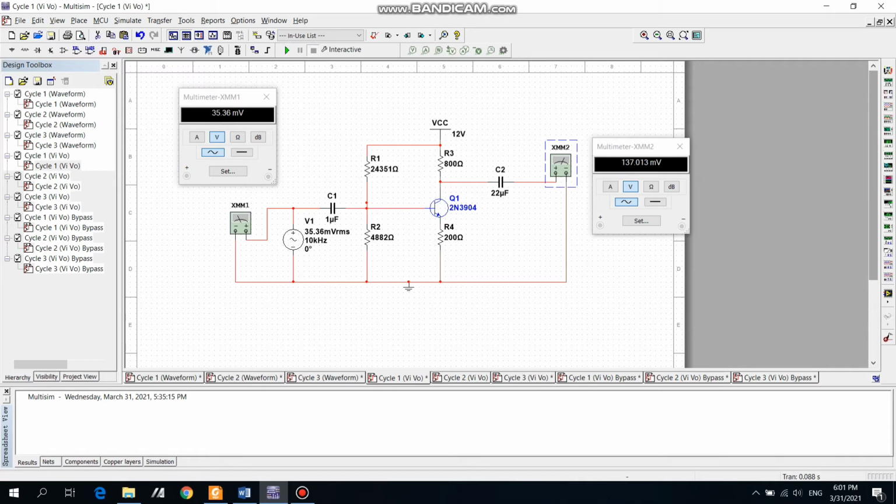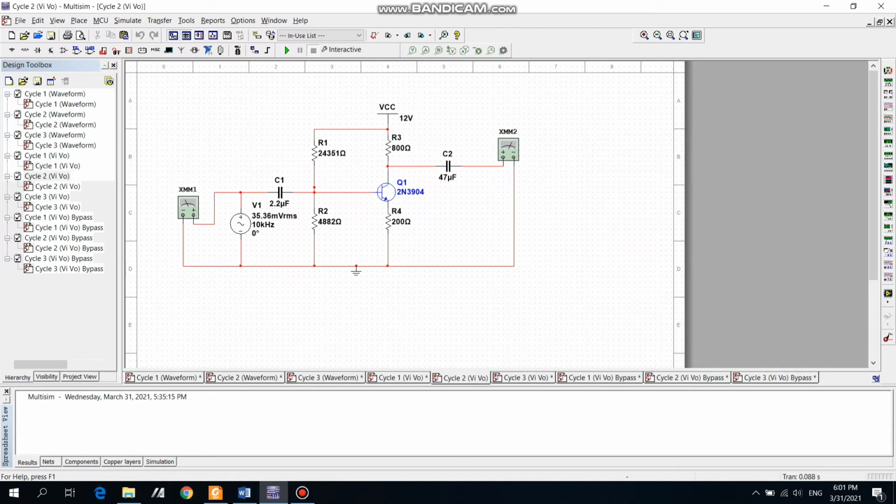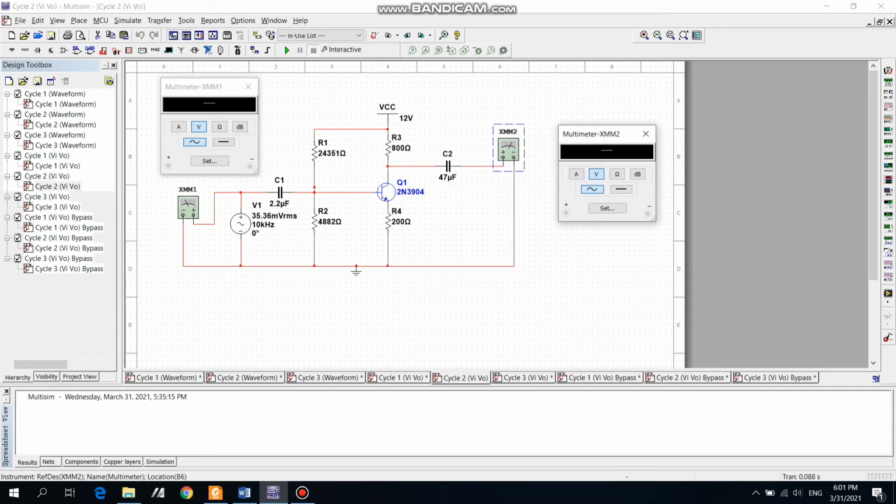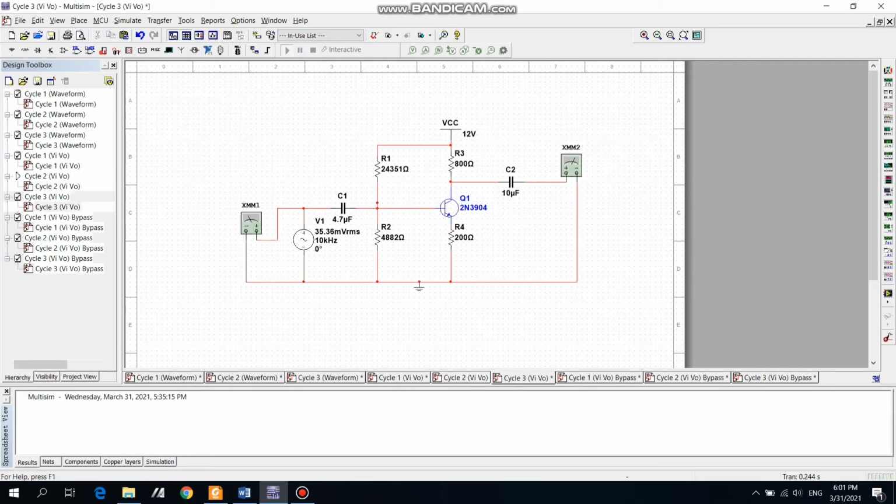So we get the values like this, and then cycle 2, then we go to cycle 3.